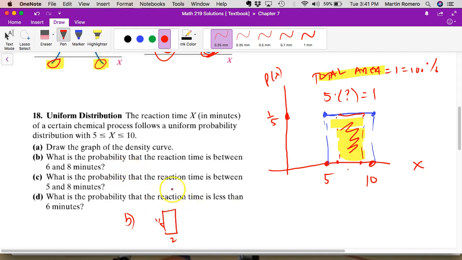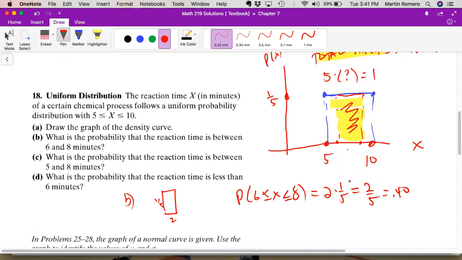So the probability that the reaction time is between 6 and 8 is going to be 2 times 1/5, or 2/5, or 40%. And so that's our answer for B.